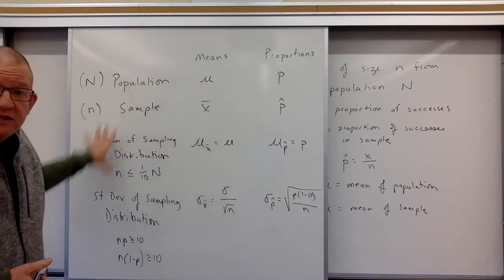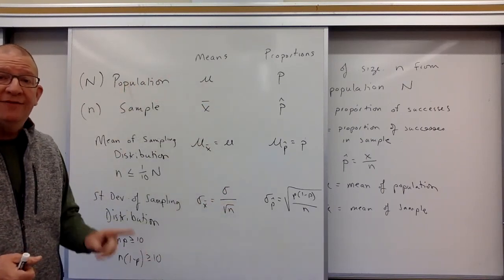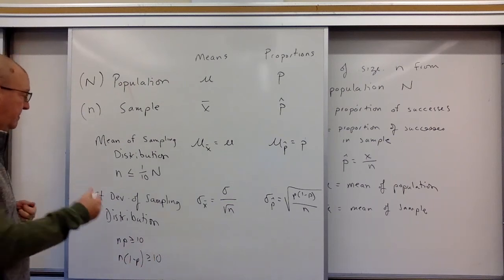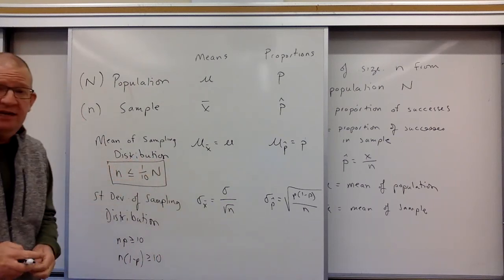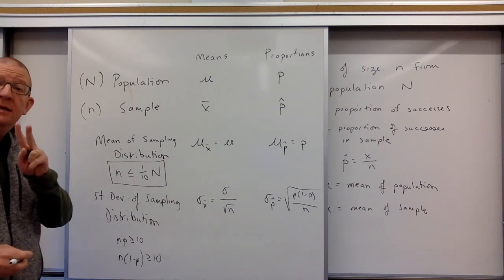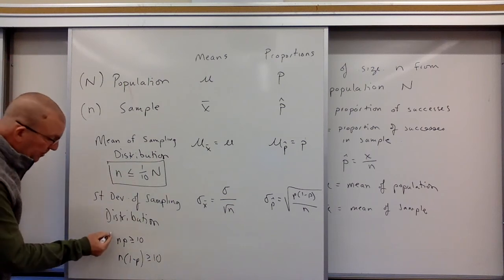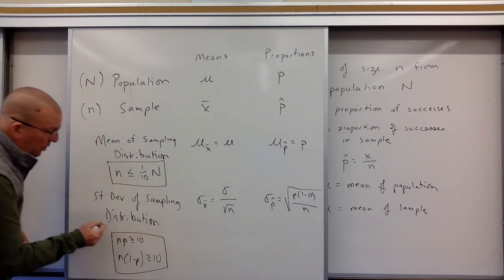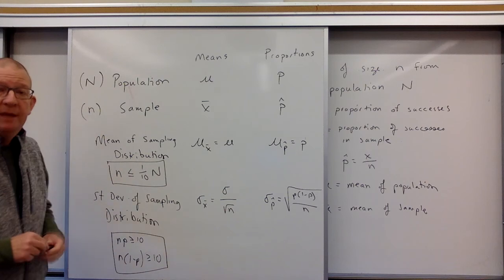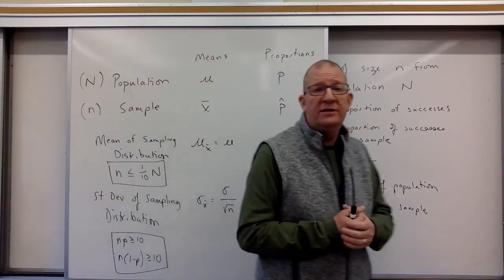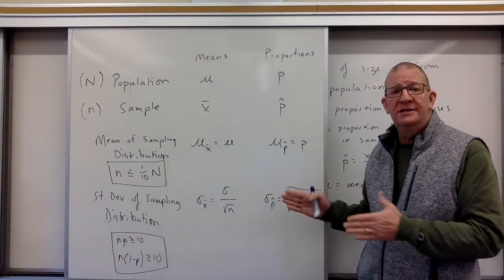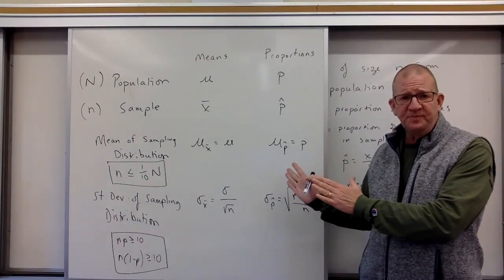And for all of this to work, we have to make sure, one, that my sample is less than 10% of the population, and two, when I'm dealing with proportions, that both of those conditions are true. And as long as that's the case, we're going to be in good shape. All right, so let's just take a dramatic pause and think about this.